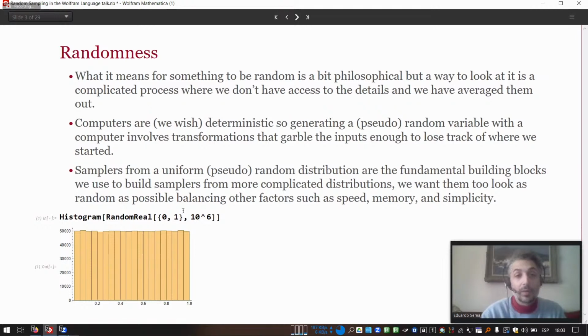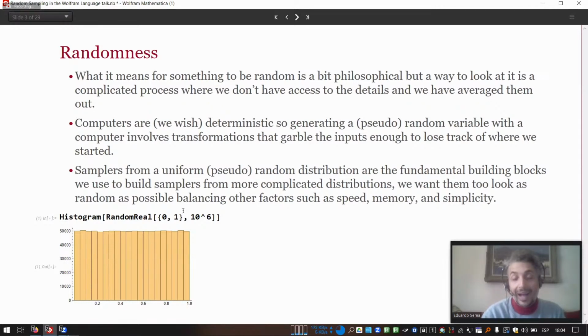Randomness, what it means for something to be random, is actually quite a profound concept, and it's not entirely obvious, and loads of mathematicians and physicists and philosophers have discussed it. But from a physicist's point of view, a useful way to think about this is that we have some complicated process where we're not privy to all the internal details, the internal states, and we're just looking at some cross-section of it, where we have what we would call observables in physics.